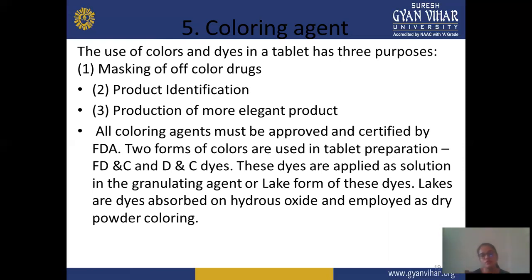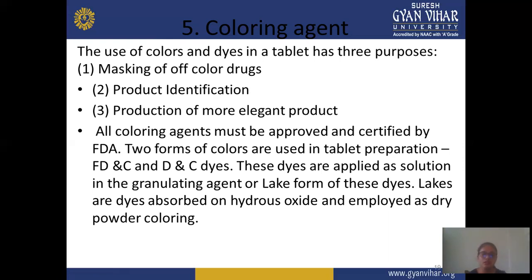Two forms of color are used in tablet preparation. First is FD&C and second is D&C dye. These are the two types of color used for tablet formulation. And these dyes are applied as a solution in the granulating agent. During granulating, or maybe any other step, use this dye in solution form.